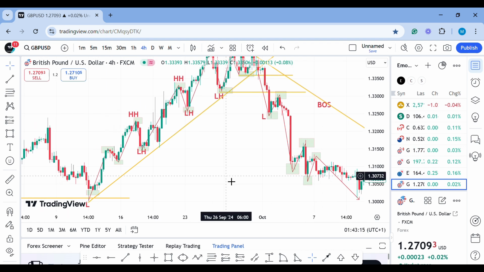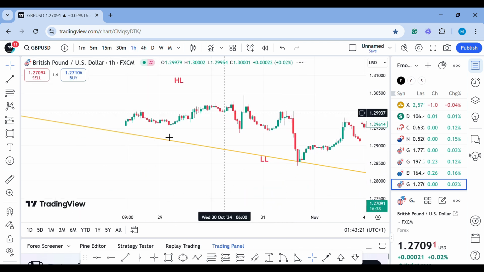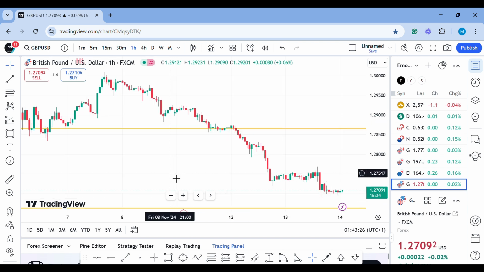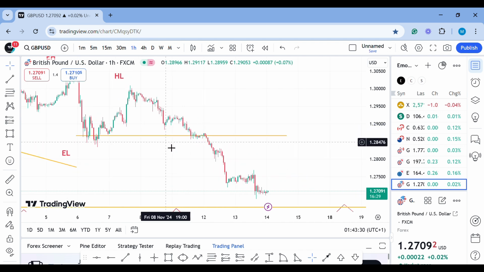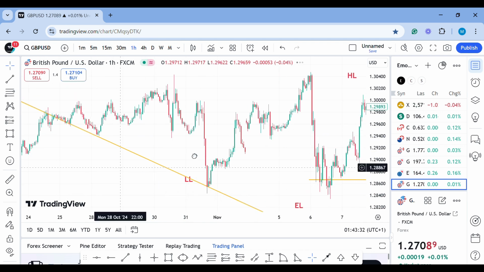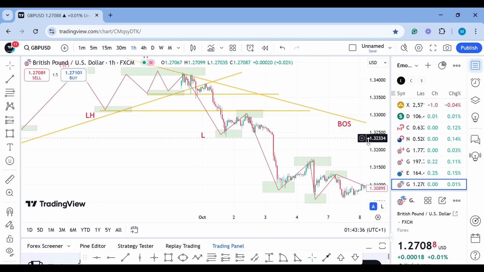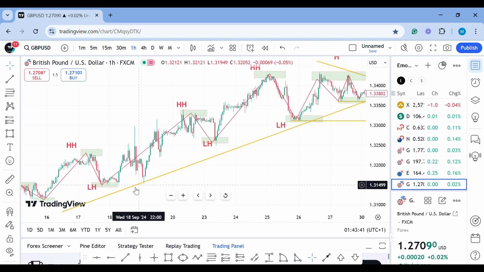This is it. Okay, now let's move to 1 hour time frame. This is it on 1 hour time frame.